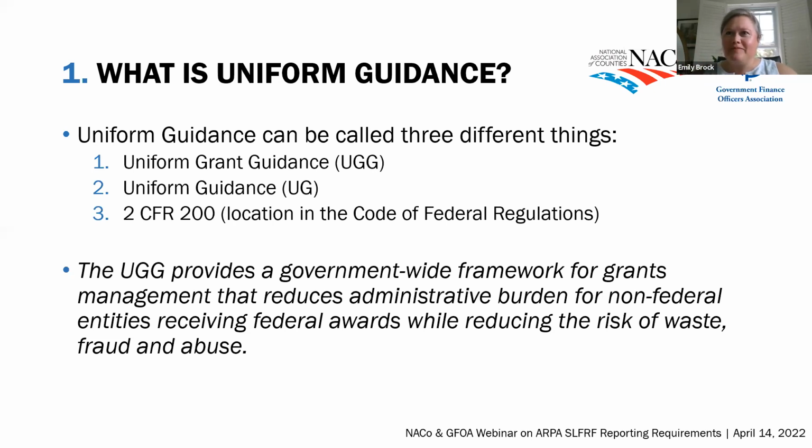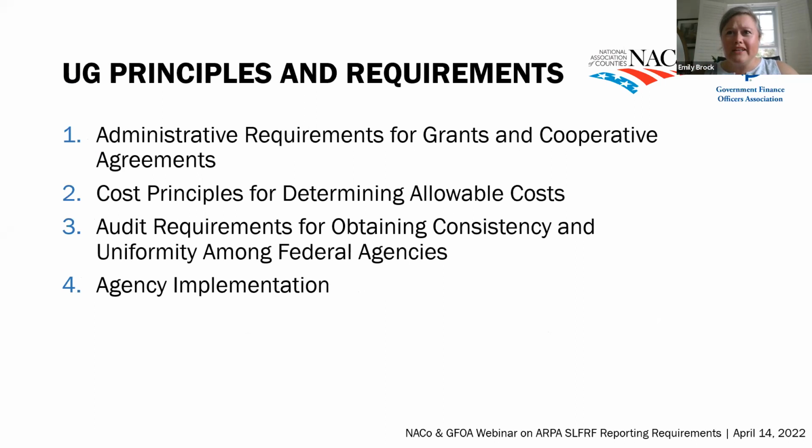So on the next slide, when we talk about it, there are principles inside of 2 CFR 200, and there are 4 major categories. First of all, there's principled spending on administrative requirements for grants and cooperative agreements.